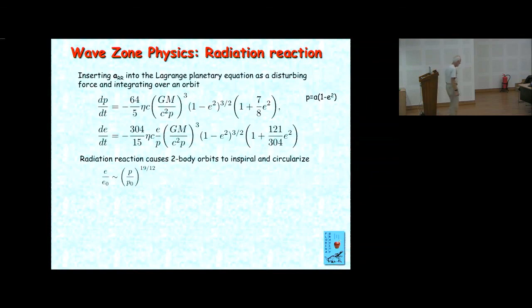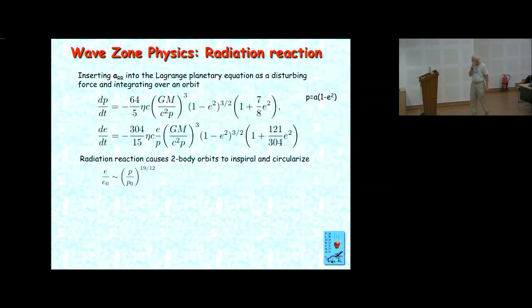So the gravitational radiation makes a two-body orbit shrink, get smaller. A decreases. You can combine these to see that a, of course, also decreases. So that means the orbital period decreases, the orbital frequency increases. So you're starting to develop this chirp. But also the orbit circularizes. The eccentricity always decreases.